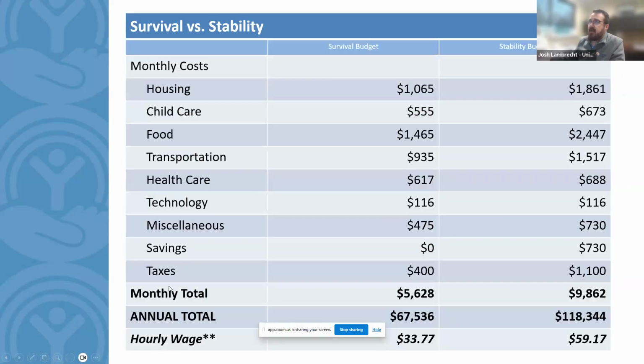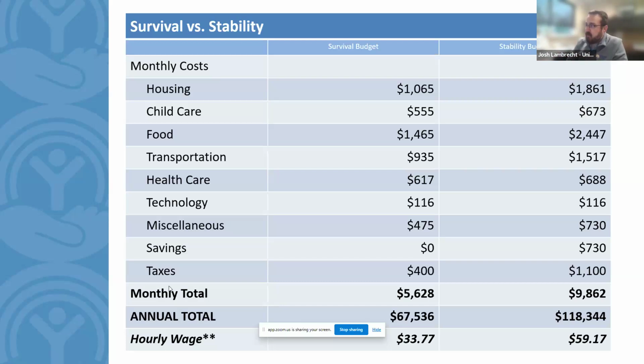So when we think about that, there's a survival budget, which I've introduced, but then we need to think about how can we move somebody from this ALICE threshold into a much more stable atmosphere, a stability budget, if you will, so that on a regular basis, they're able to afford maybe a slightly nicer, maybe a larger place with multiple bedrooms, so that kids can have space that is unique to them. Even if they are sharing a bedroom, they at least have a separate room that is theirs.